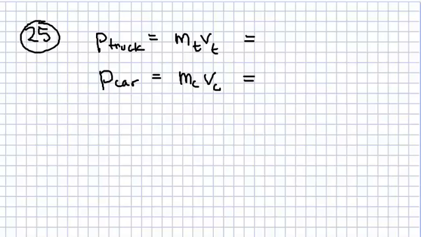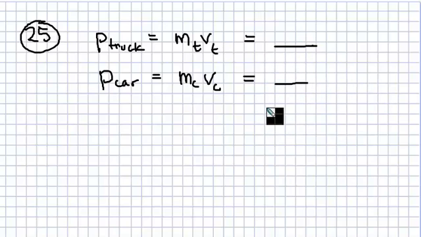On our last question in the review, we've got a collision between a truck and a car, and they do not all go in a straight line. They're at different angles to each other, so you should recognize immediately that you're going to have to add these like vectors. That means you will have to calculate a momentum of the truck, get a number. Calculate a momentum of the car, get a number.